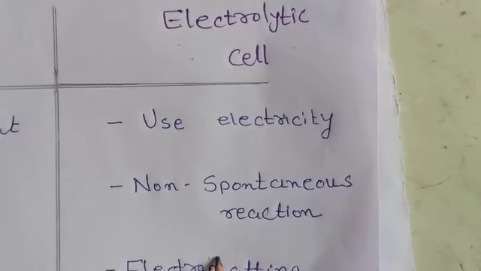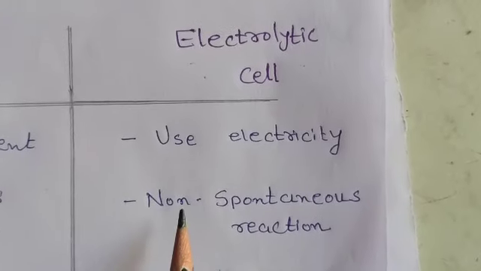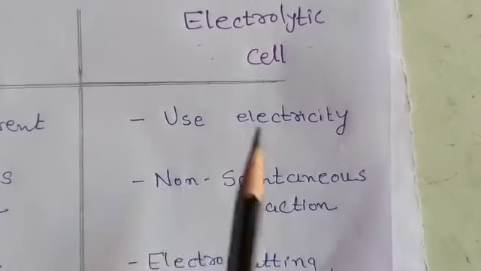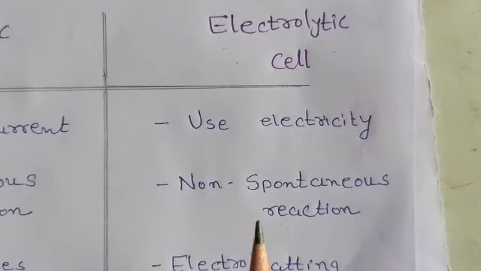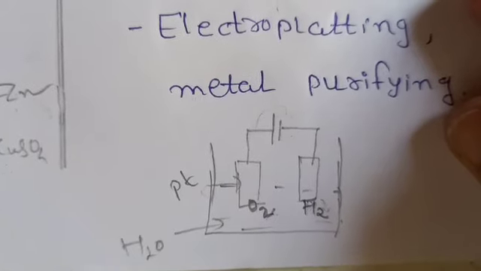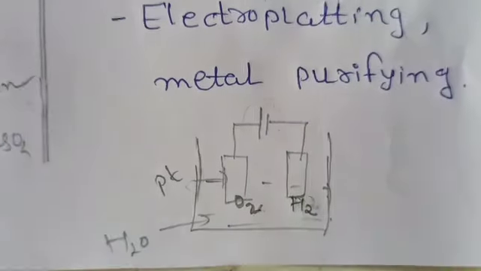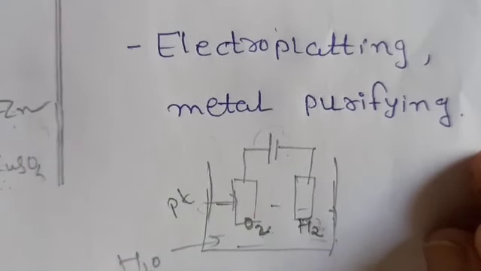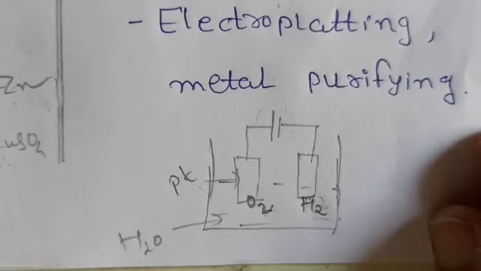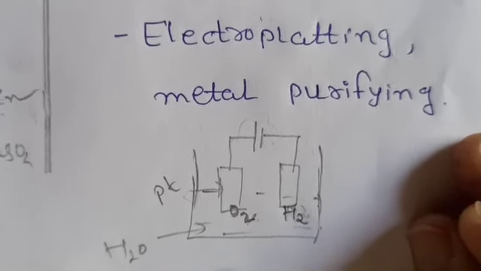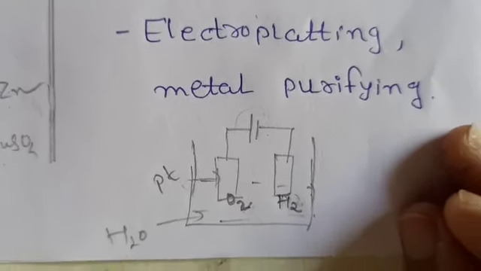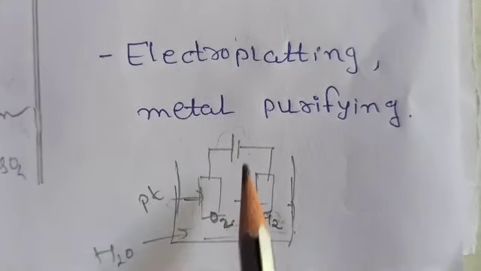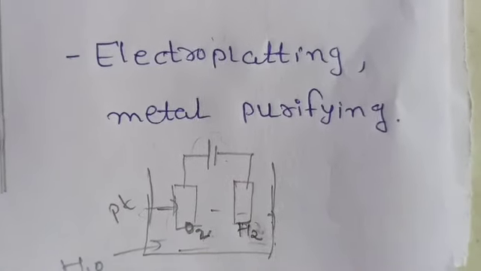While in an electrolytic cell, to carry out a non-spontaneous reaction we have to use electric current. Example, we want to decompose water. For that we take water in a beaker. Suppose we keep that water for 1 day, 2 days, but it does not decompose by itself. We know that. But for the decomposition, we have to arrange a cell like this.